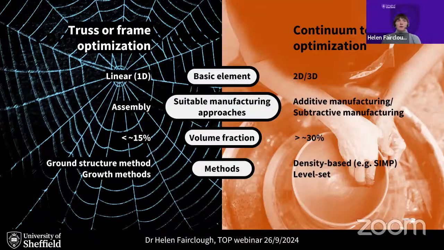It's more suitable for the lower volume fractions, although obviously these are very approximate numbers, but there is a gap in the middle where neither side works amazingly, which is an interesting edge case. And again, just as there are for continuum topology optimization, there are several methods for truss optimization.